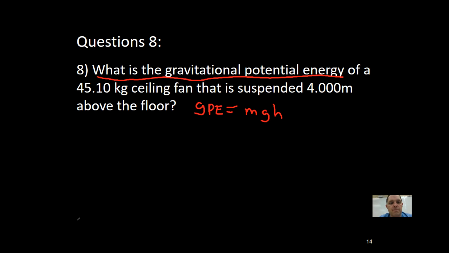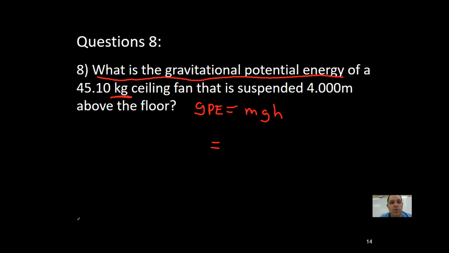All right, let's reread. What is the gravitational potential energy of a 45.10 kilogram ceiling fan that is suspended 4.000 meters above the floor? Well, I know I've got to find my potential energy. Do I have the mass in this problem? I know by my units, and that's in the correct units.